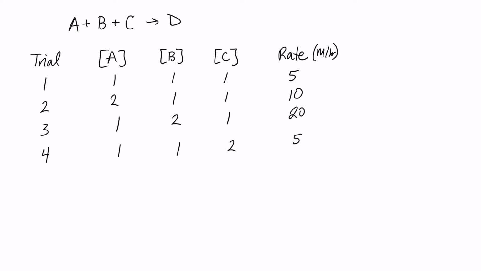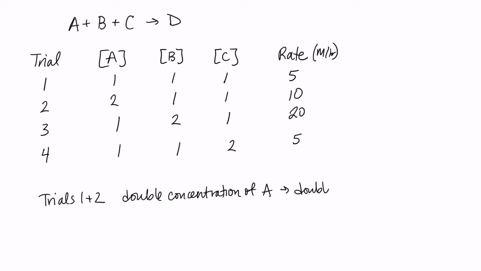So let's break this down. There's a couple of things that we want to notice about this. So first, let's look at trials 1 and 2. In trials 1 and 2, we double the concentration of A. And the result is that we double the rate of the reaction.